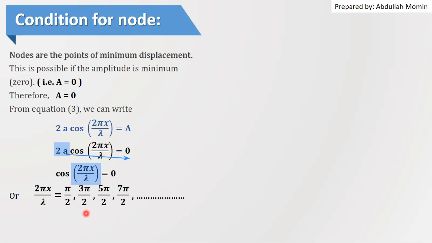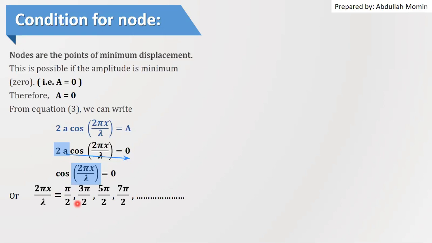When we put cos 3 pi by 2, instead of this bracket, we are going to put this value. So when we put cos 3 pi by 2, we will get 0. When we put cos 5 pi by 2, we will get 0, and so on.